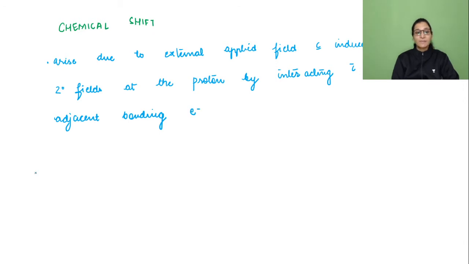So that is the chemical shift. The normal bonding is going to be changed. The external field will let the protons interact with the adjacent bonding electrons which are available for bonding, and it is measured relative to an internal standard.